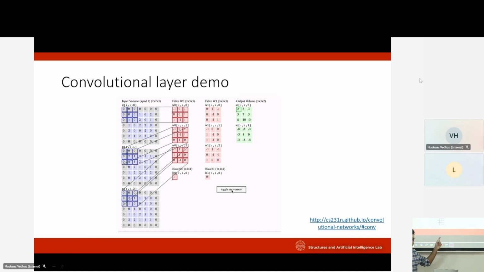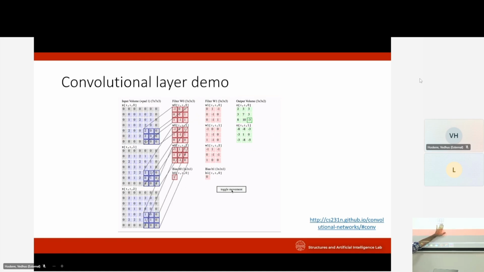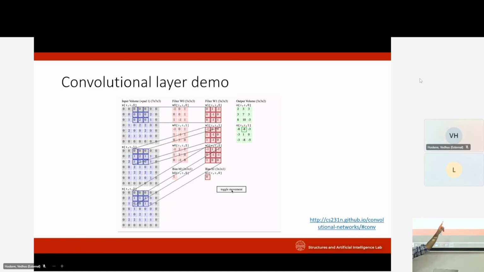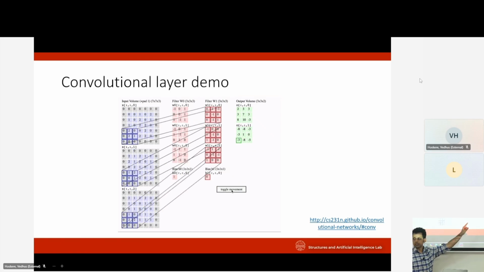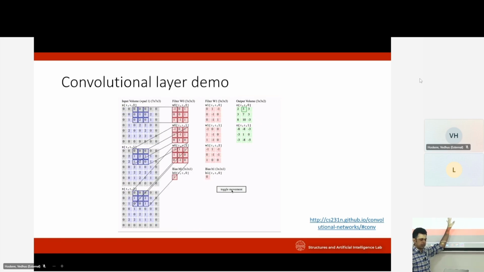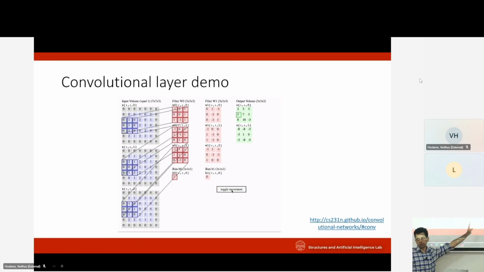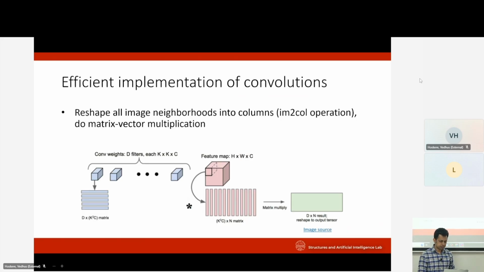So the stride is 2, and because the stride is 2, with the padding, there are 3 computations that it's doing, right? So it's 3 by 3. And you have 2 filters because you have 2 3D operations that are happening. W0 convolved with the input and W1 convolved with the input. So you have 2 filters at the output. Now, in memory, there are efficient ways to do this.